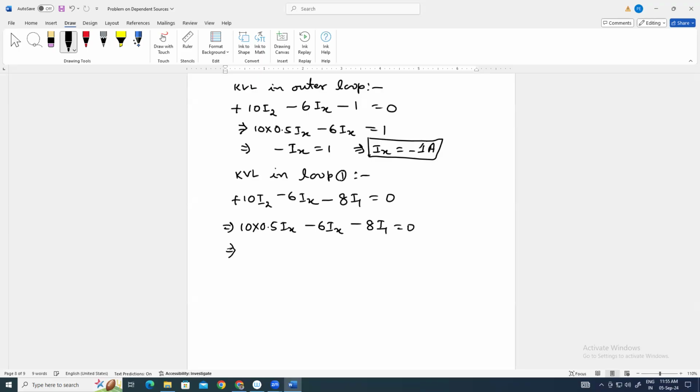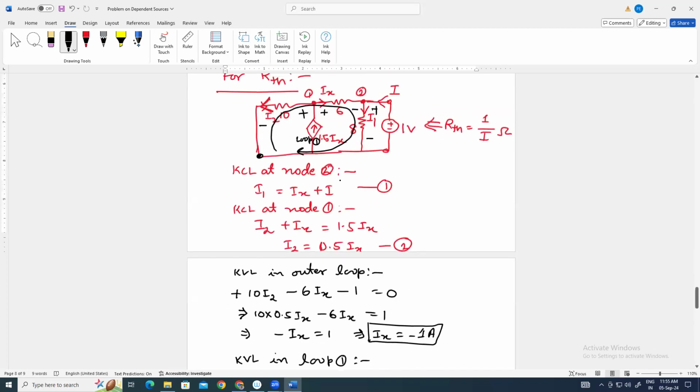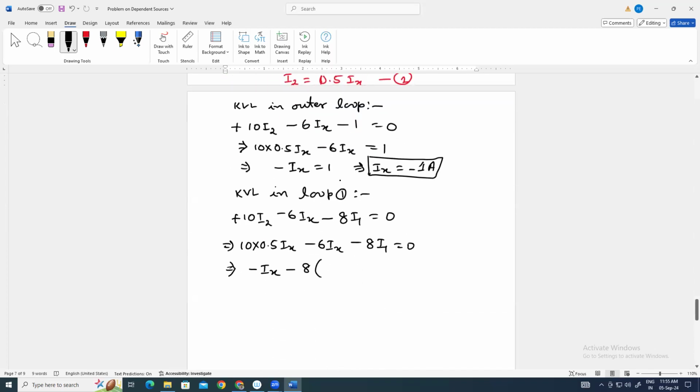So यहाँ से अगर हम देखते हैं ये 5Ix minus 6Ix, that is minus Ix, minus 8 into Ix plus I. I1 is Ix plus I, that is equal to 0.